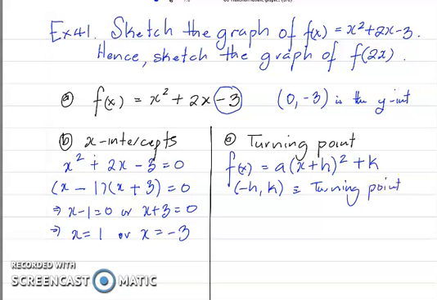Now, we could find what h and k is using a formula. h is equal to b over 2a, and k is equal to 4ac minus b squared over 4a.